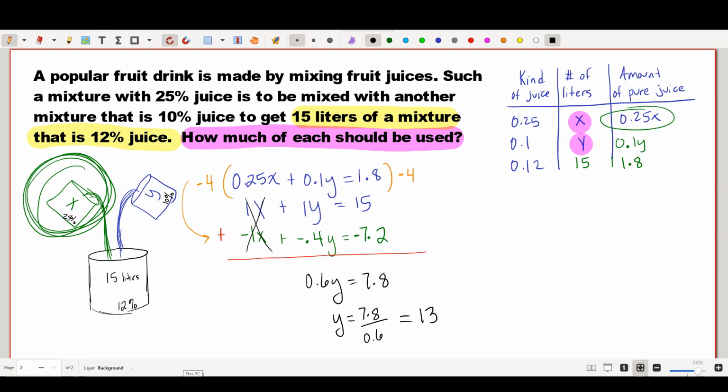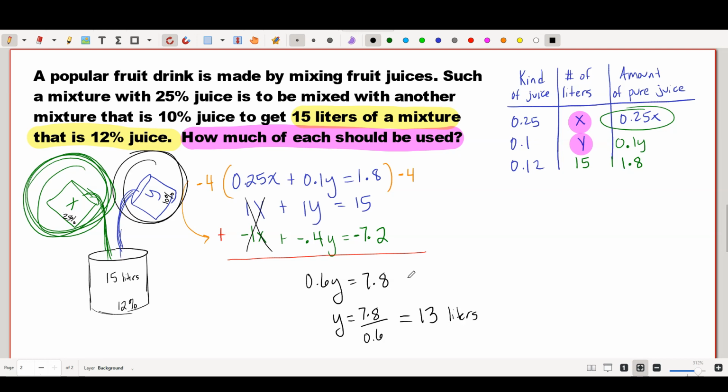Now that I went into math mode and solved, let's go back to the context of the problem and think about what that means. y here is 13, as you can see. y represents the amount of liters of the second solution that we should use. So we should use 13 liters.